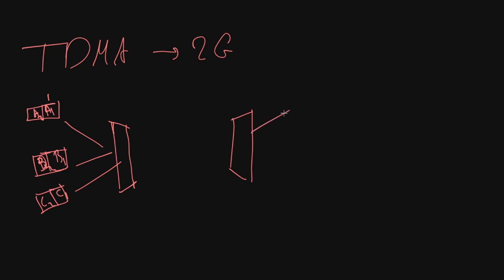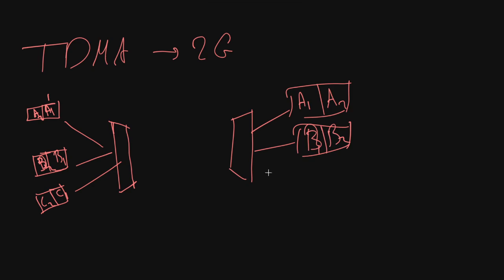On the receiving side, we want to receive A1 and A2, B1 and B2, and C1 and C2. In order to receive these, we are going to do this by time, by schedule.